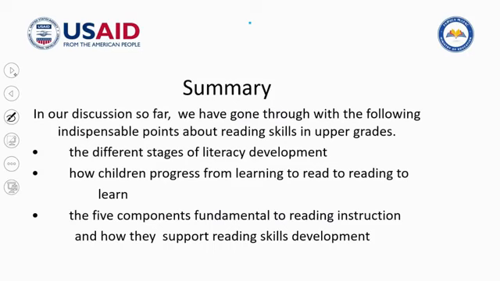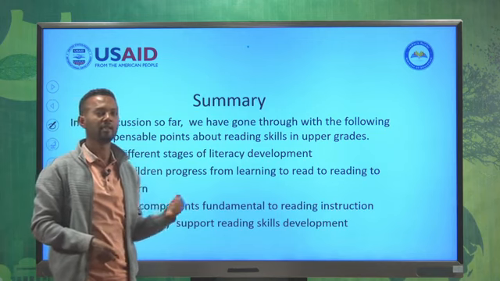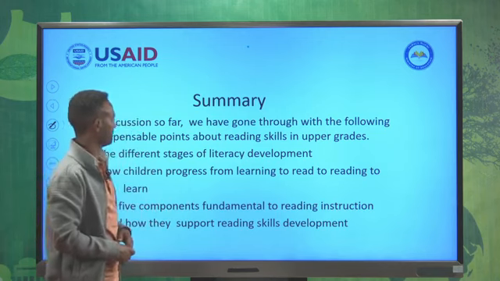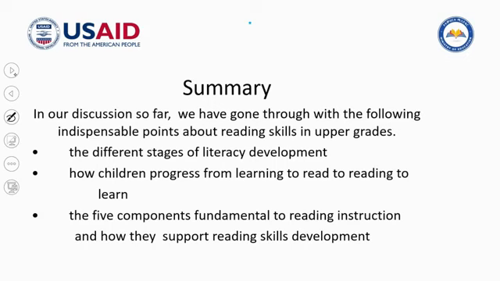Now, it's time for us to recall what we have learned in today's lesson. In our discussion so far, we have gone through the following indispensable points about reading skill in upper grades.